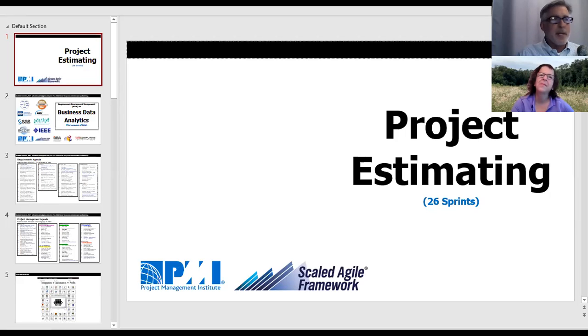Again, for anybody that's new, this is the IIBA Tampa Bay, and we are working through today probably one of the neatest. I was very excited to do this section, Project Estimating 26 Sprints. This is information that comes from PMI and Safe Scaled Agile Framework.